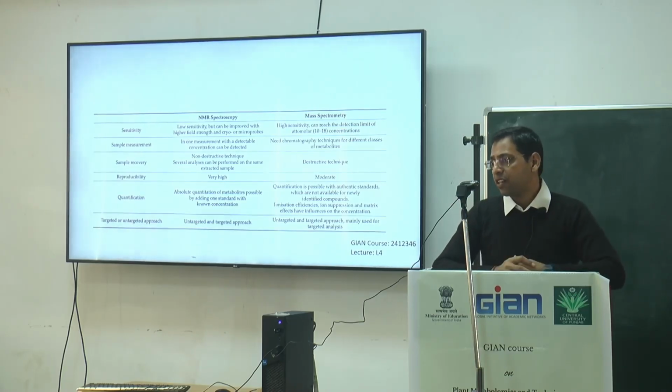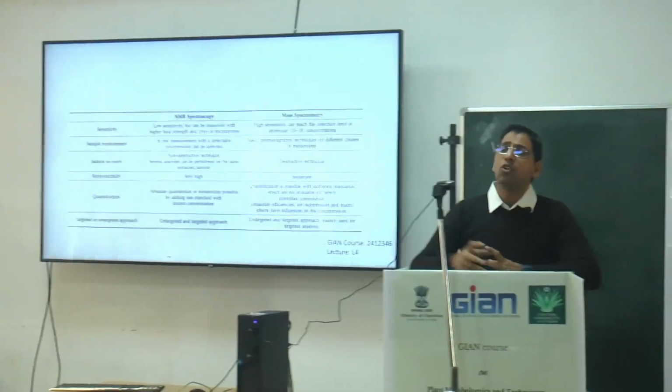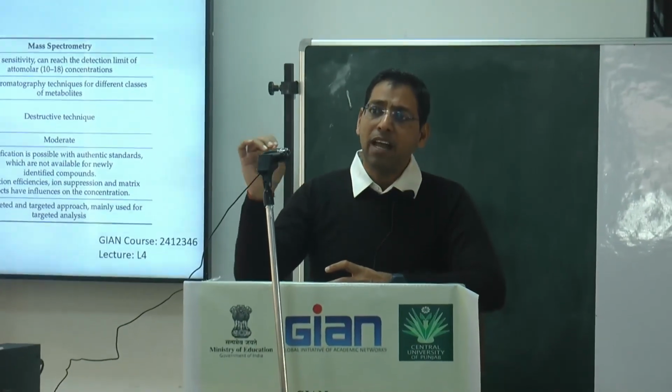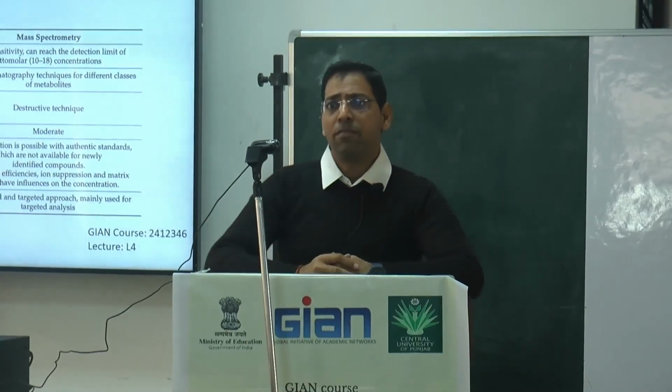So you know their structure, and you are just looking at their pattern in a particular biological situation. That means those metabolites are already reported by someone, and submitted in some library, and you are just comparing with respect to that particular metabolite.